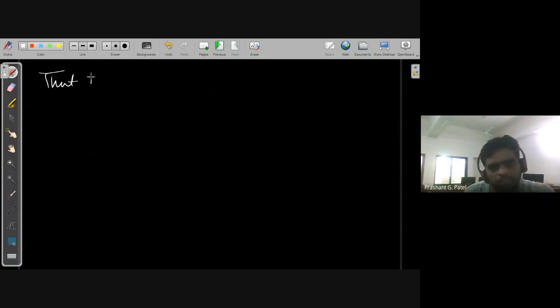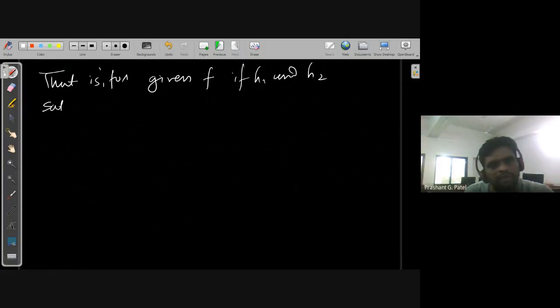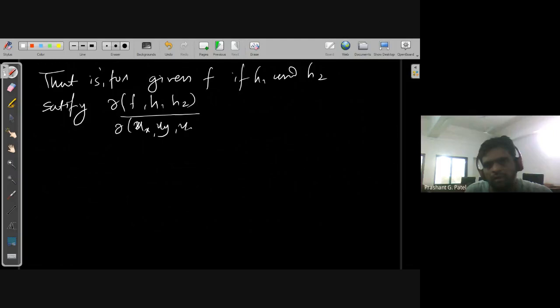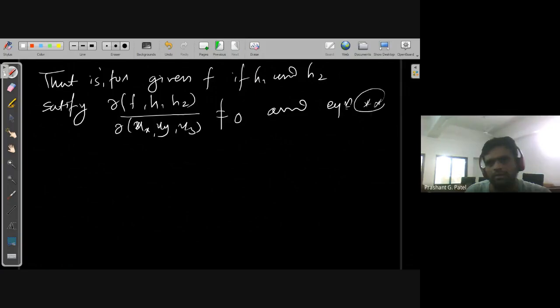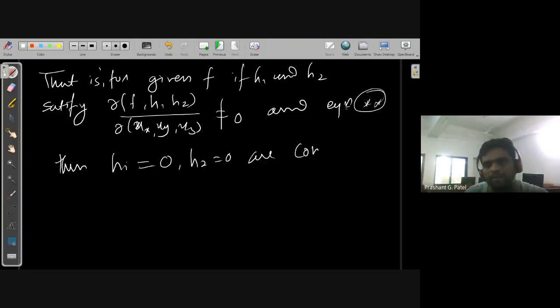So that is, for given F, if H1 and H2 satisfy the equation gradient of (F, H1, H2) upon (ux, uy, uz) is not equal to 0, and the previous equations double star or star, and the equation double star, then H1 equal to 0 and H2 equal to 0 are compatible with F equal to 0.